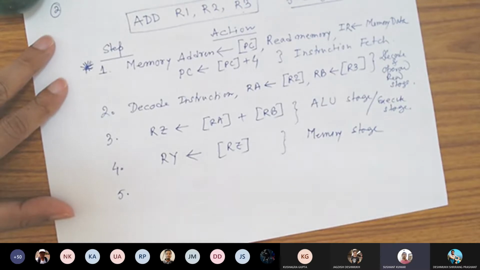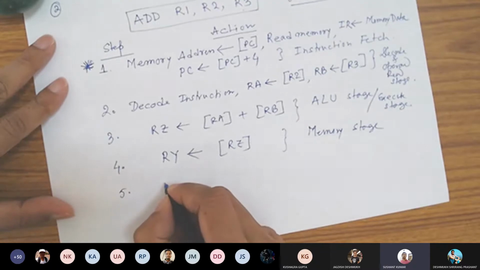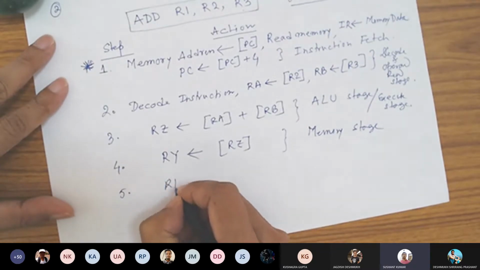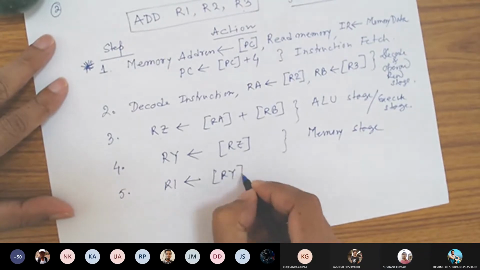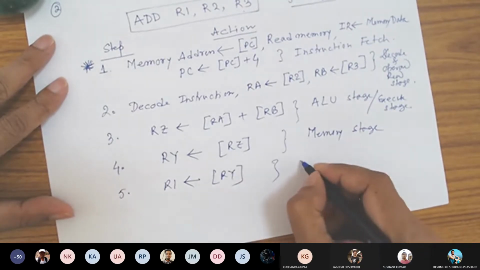RY goes to RC. RY goes to R1. So R1 is RY. This is the write back.